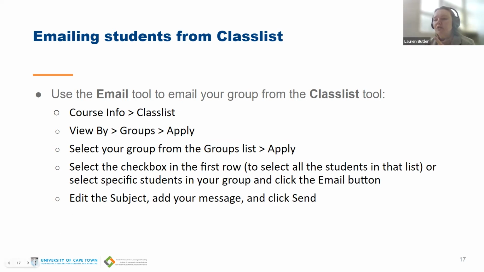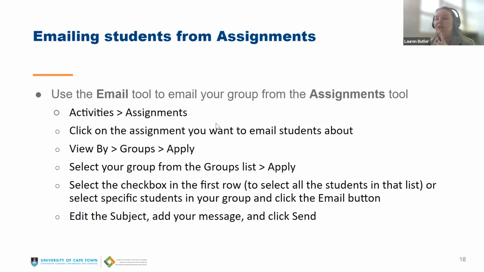And this works exactly the same from the assignments tool. As soon as you are in assignments, and you can access assignments from the nav bar as well, go activities, assignments, and then you click on the assignment that you want to email students about.